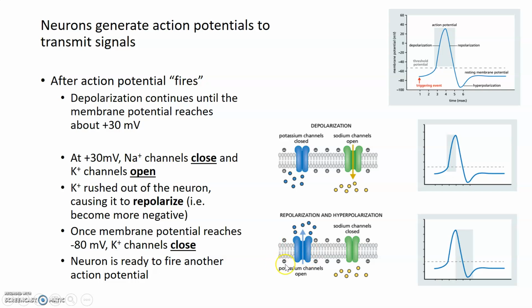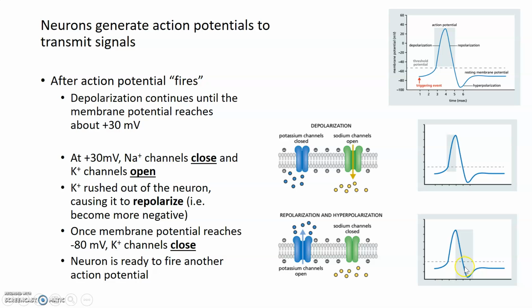The sodium channels close, and the potassium channels open. And now all of those positive potassium ions rush out of the cell, meaning the positive charge is moving out, and the cell gets more negative and repolarizes as the potassium rushes out of the neuron.